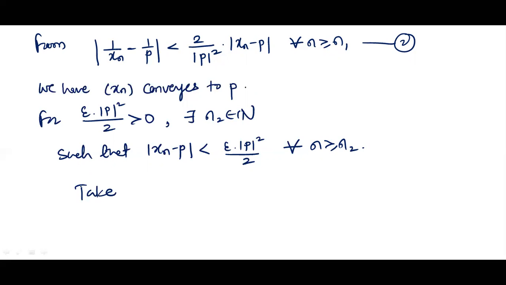Now take n naught equal to the maximum among n1 and n2. Note that it is a natural number. Yes.